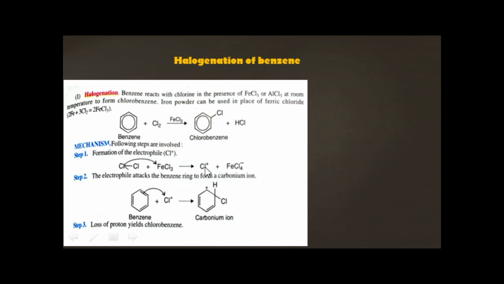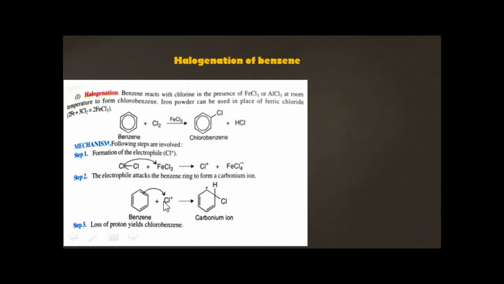This is the electrophile. Electrophile is nothing but an electron loving species. It can attack the nucleophile, that is, the benzene ring here acts as a nucleophile, because of the pi electron cloud above and below the plane of the benzene ring, it can act as a nucleophile for the electrophile.